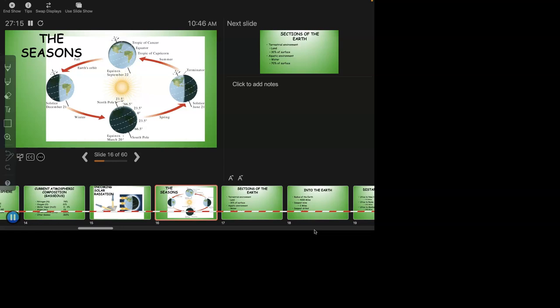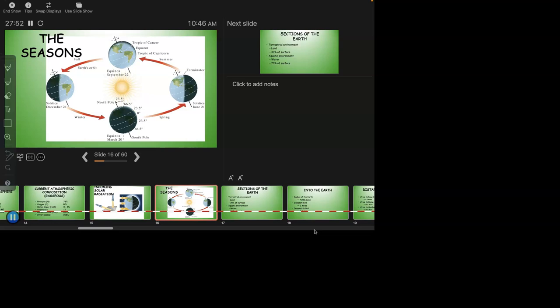All of that is because of the tilt of the Earth, okay? 23.5 north, 23.5 south is because we're tilted off of center 23.5 degrees. If we were tilted 17 degrees for some strange reason, and not that 23.5 isn't strange enough, well, your tropics would be 17 north and 17 south, and things would be different.